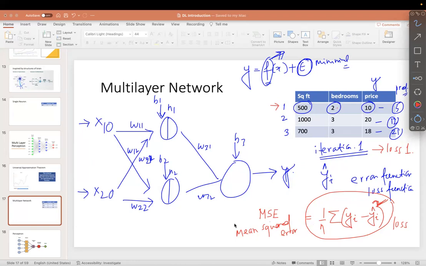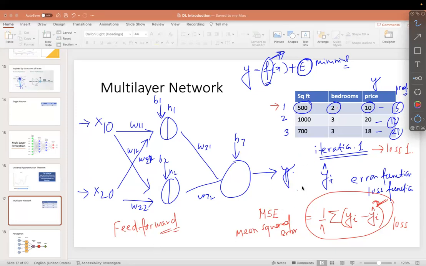This process is called feed forward. In the first iteration, we're feeding the data and doing all forward computations. We take the signal, multiply with the weights, add the bias, transform it, again multiply by the weights, sum up, and get the feed forward process.